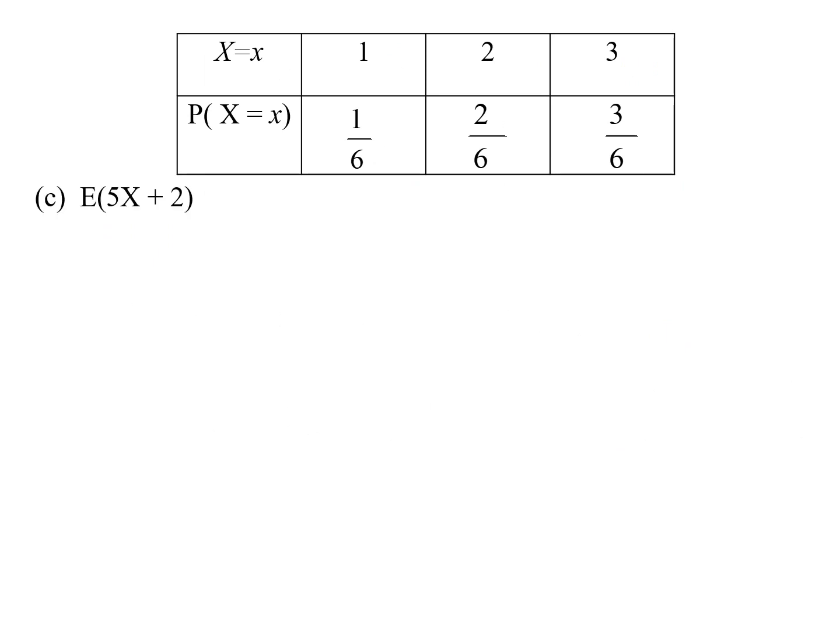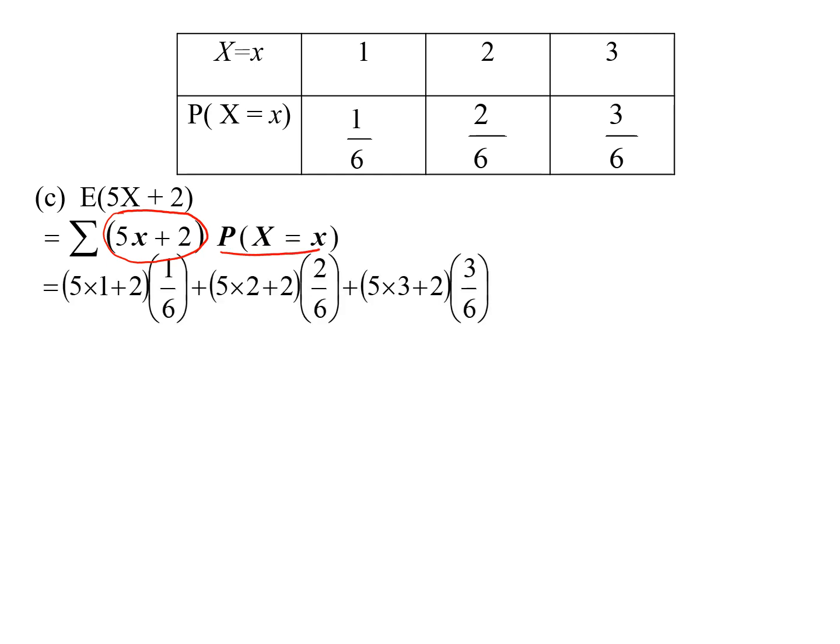Okay, next for E(5x plus 2), we can use the formula, that is the summation of (5x plus 2) times the probability. 5x plus 2 when x equals 1 times the probability 1/6 for the first term. 5x plus 2 when x equals 2, our probability is 2/6. Then 5x plus 2 when x equals 3, our probability is 3/6.